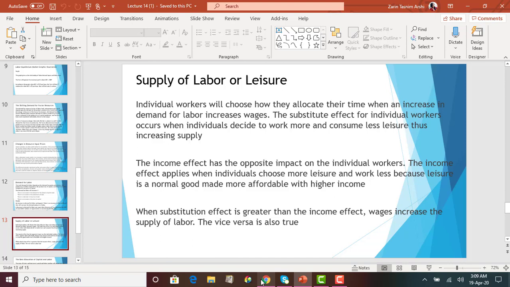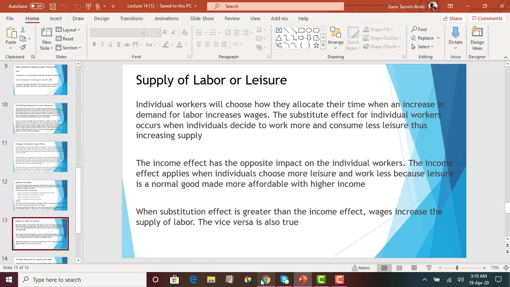Under the supply of labor, we have two impacts: the substitution effect, which compares the wage and how much time they will spend for work and leisure, and the income effect. So we compare these, and then we finally come up with the equilibrium in the labor market, the final demand for labor and the final supply of labor, which ultimately determines the equilibrium.